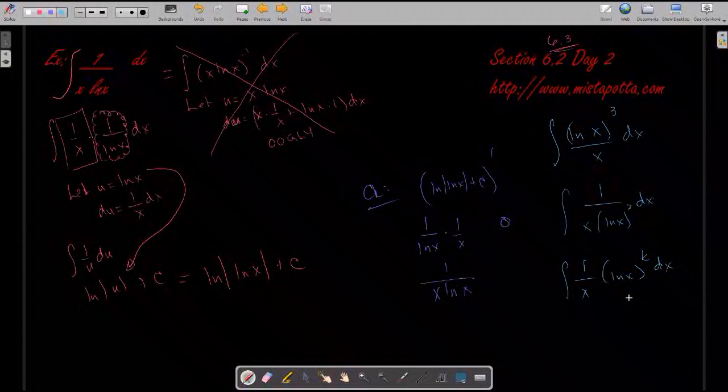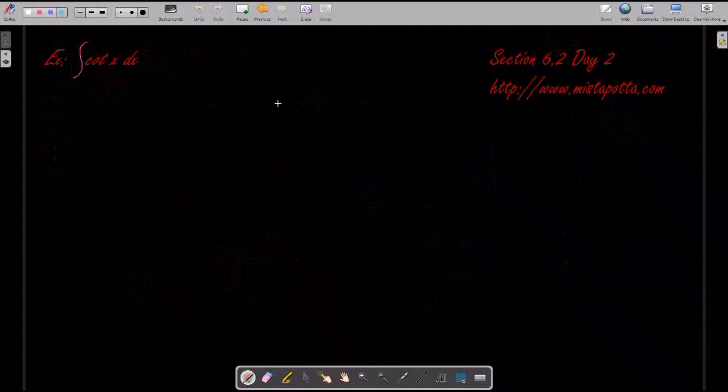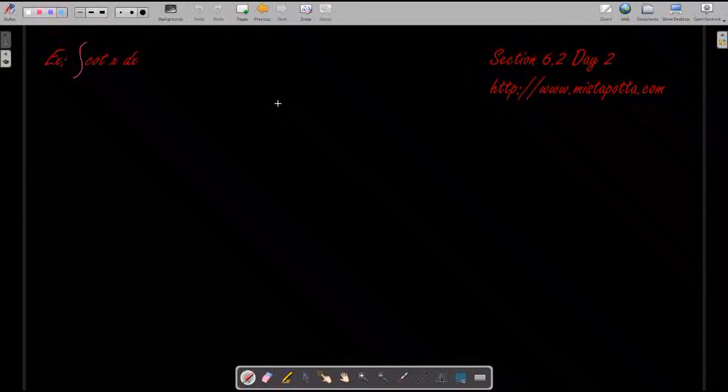And the last example that I want to go over today is dealing with something that seems pretty straightforward. The integral of cotangent of x. So if I want to find the antiderivative of cotangent, I'm kind of lost here because looking at this, I remember that I should see a composition of functions.